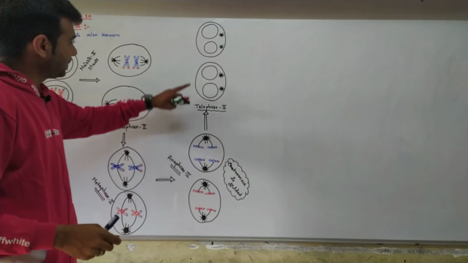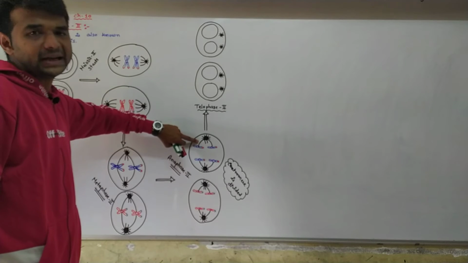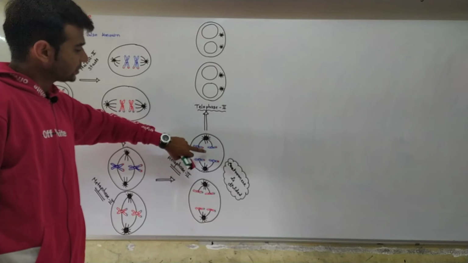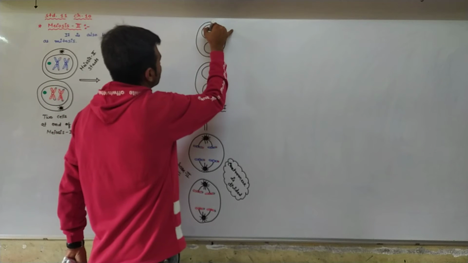So now here what happened in telophase 2: degradation of the bipolar spindle fibers, then these two chromatids are joined together and form one whole chromosome.